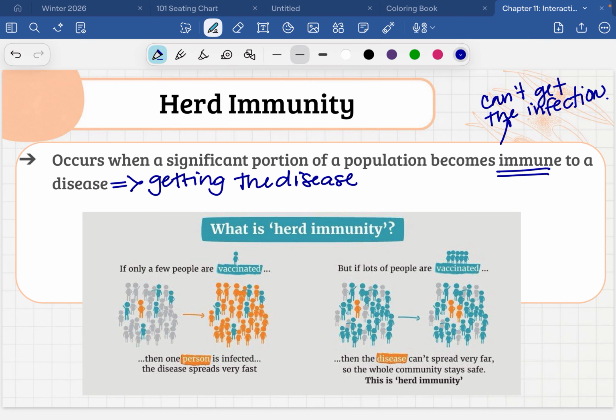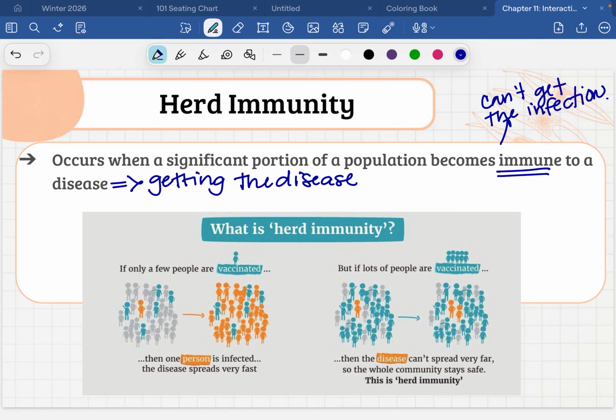Again, we'll talk more about this in a couple of chapters. But getting the disease usually creates immunity. So this is why people who had the chicken pox, I know most of you don't get the chicken pox anymore, but when I was a kid, we all got the chicken pox. And so because I had chicken pox as a kid, I am now immune to chicken pox.